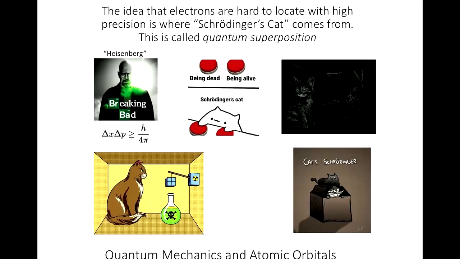Once you open the box, you collapse your wave function, and now you know for certain whether the cat is dead or alive. So when the box is closed and the cat is in with the poison and you don't know which one went off, the cat has to be both dead and alive before you open the box. And that is where Schrodinger's cat comes from.